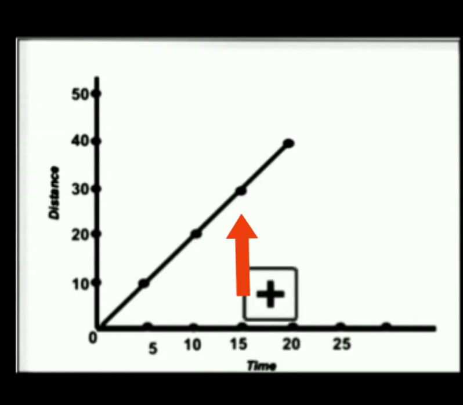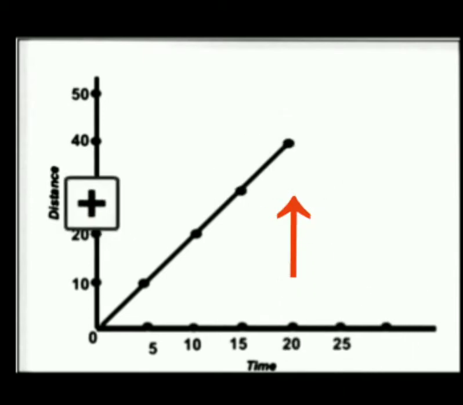In 15 seconds the object reaches 30 meters, and in 20 seconds the object reaches 40 meters, and so on. So this motion representing graph shows the relation between time and distance traveled by the object in different time periods.